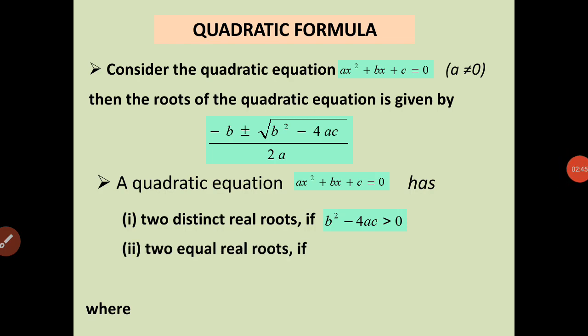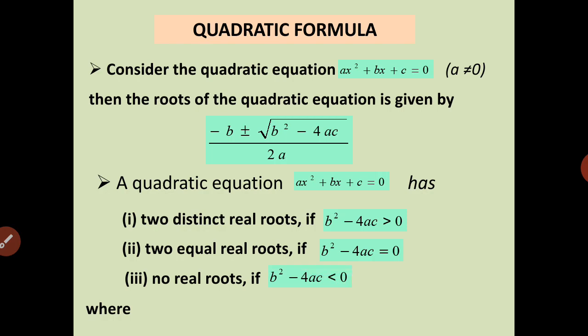Next, the second condition is two equal roots if b square minus 4ac is equal to 0. The third condition, no real roots if b square minus 4ac is lesser than 0.